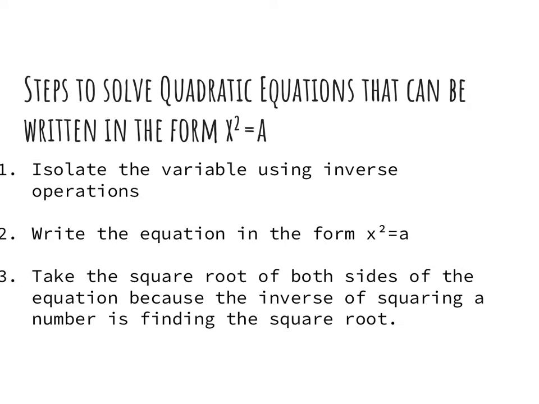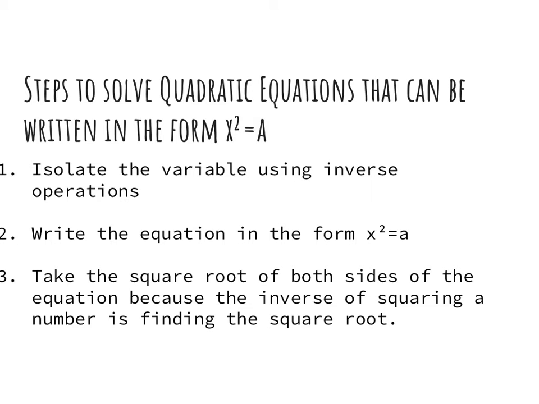The steps that we're going to take to solve quadratic equations that can be written in the form x squared equals a are as follows. We're going to isolate the variable by using inverse operations, similar to what we did when we were solving linear equations.